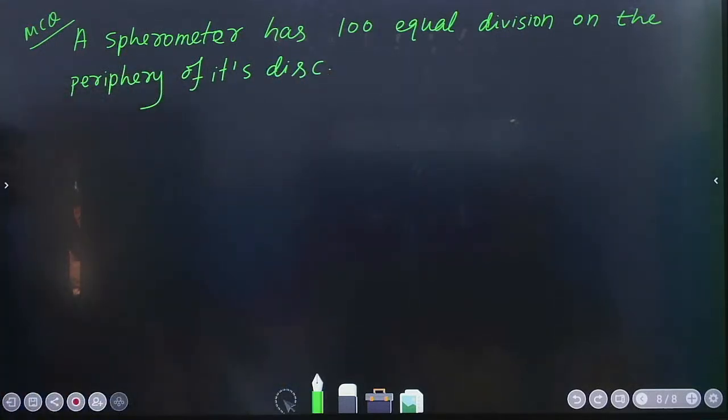So what is given actually? Total number of circular scale divisions.